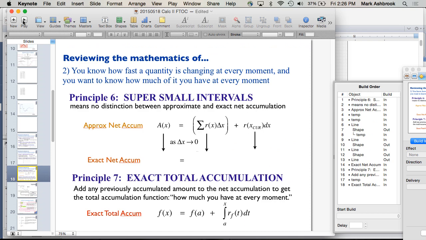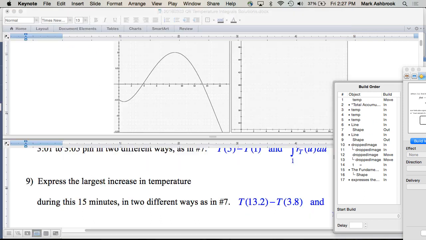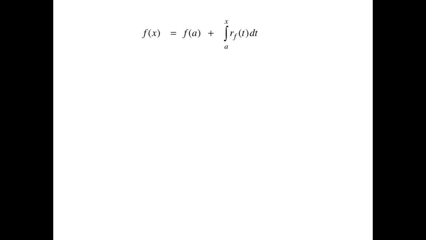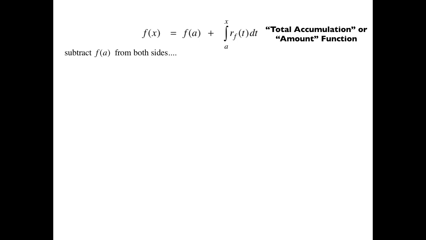All right, so this is our total accumulation or amount function. So what I want to do is subtract f of a from both sides, and then it looks like this.